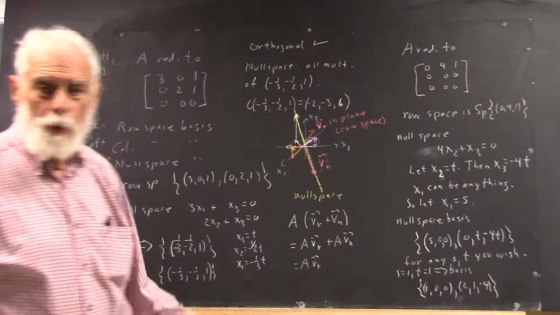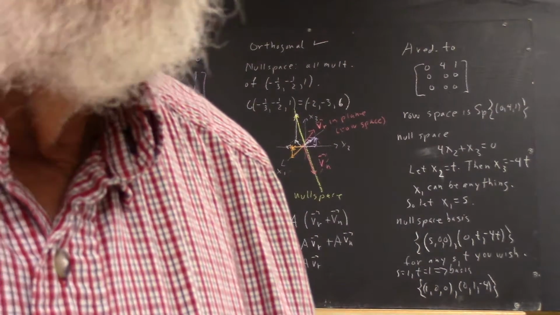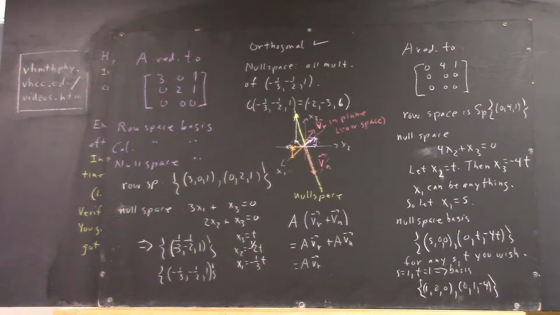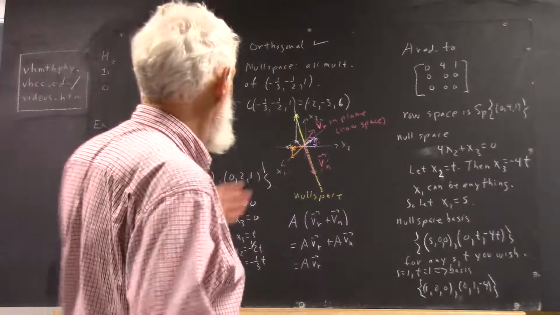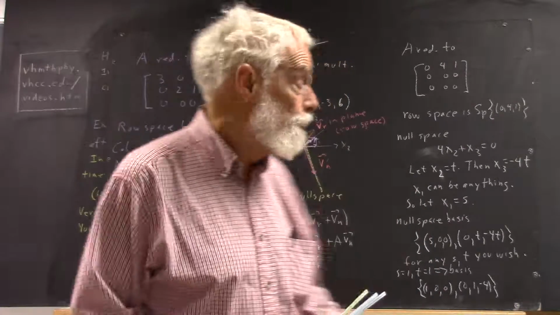Now let's think about where this vector is, and I'm going to use straws because we spent a large part of today's class just looking at what these vectors and planes would look like in three-dimensional space.